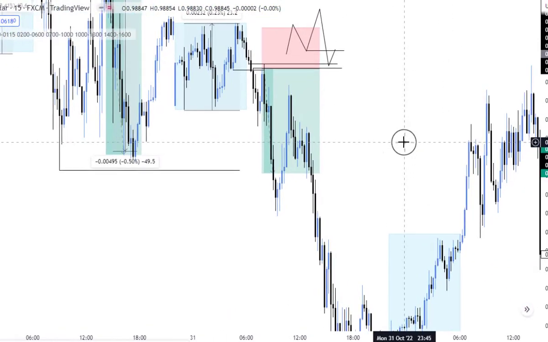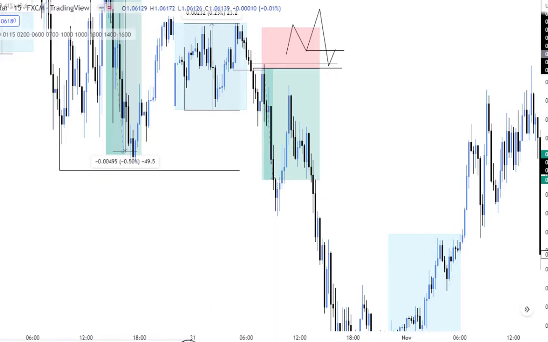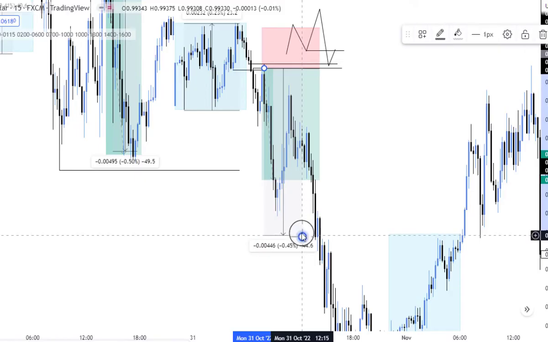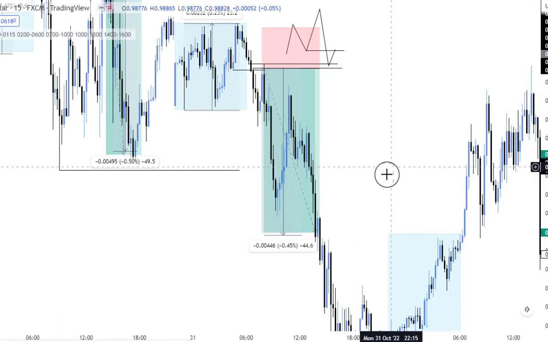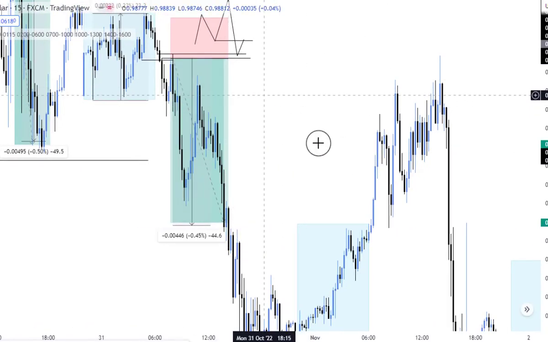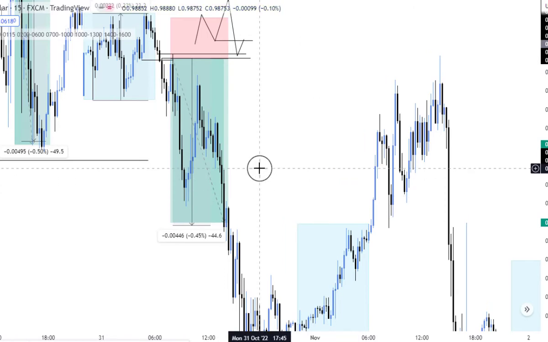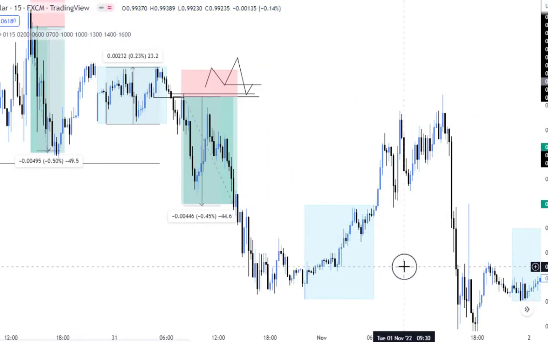Yeah, so this is 1:3. Let's see, our goal is to take 40 pips and we are out of the trade. So this is 44 pips. I think this is 1:5. We are out of the trade, guys. You're done trading on this trading day.